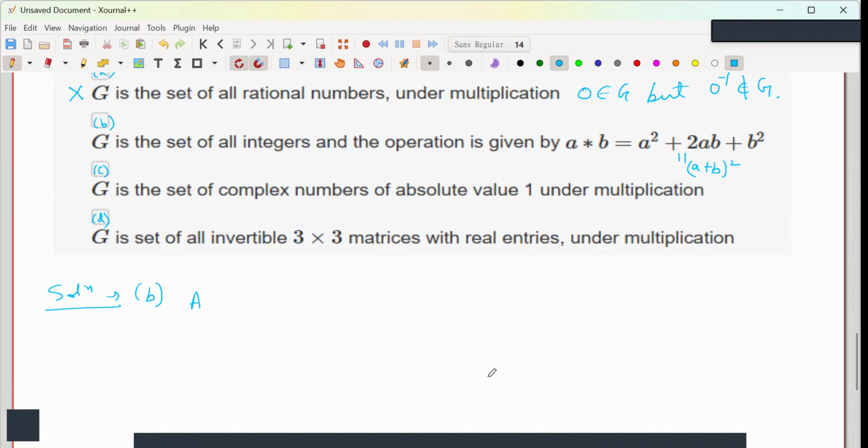The binary operation is fine, right? So the binary operation part is fine. Now what about associativity?